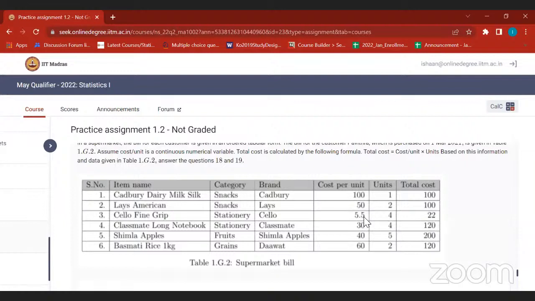Cost per unit can be in decimal. That hint is given to you by the third. If cost per unit in this table were just 5 instead of 5.5, then the total cost would be numerical or discrete. In general, I will still consider it as ratio, but to give you that understanding, we usually mention it in decimals, so you get the idea of it. But in general, if you're working on practical problems, you should consider it continuous and ratio.